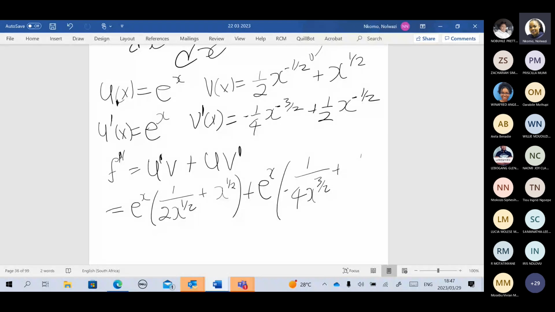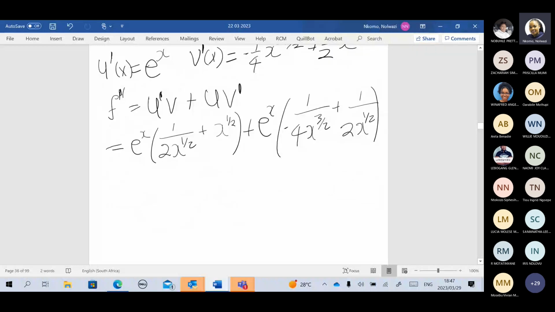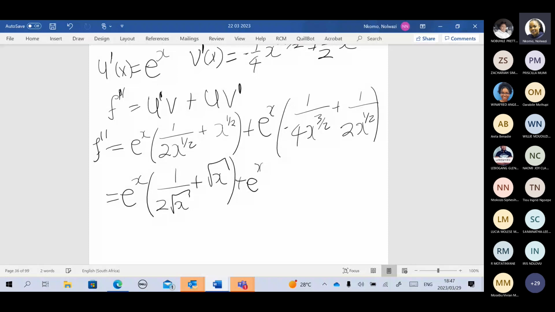And then if you were asked to find just the second derivative, that means you need to simplify this further, and you can write this as e to the power x into 1 over 2 root x plus root x, plus e to the power x into minus 1 over 4 square root of x cubed plus 1 over 2 root x.